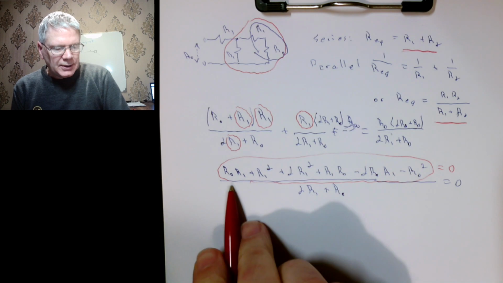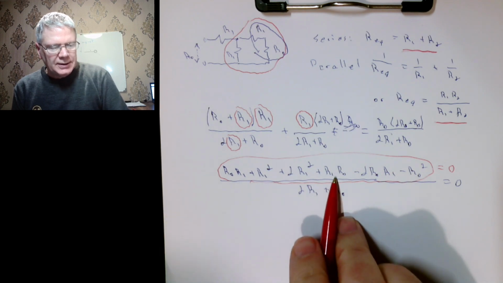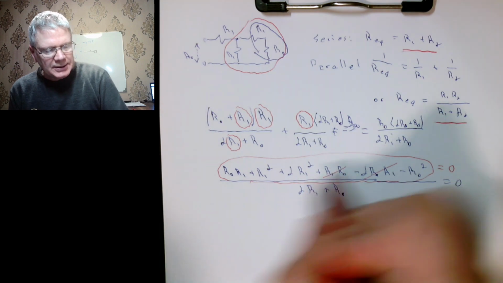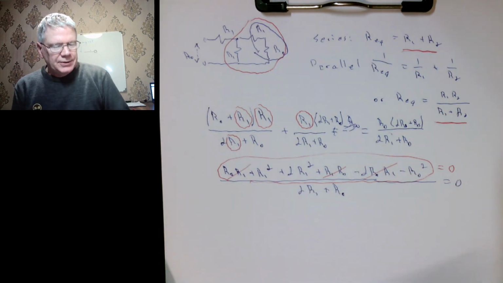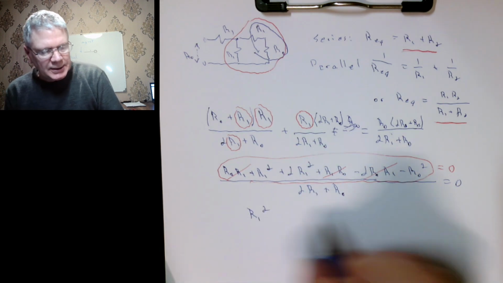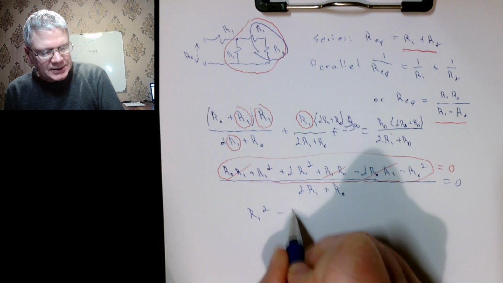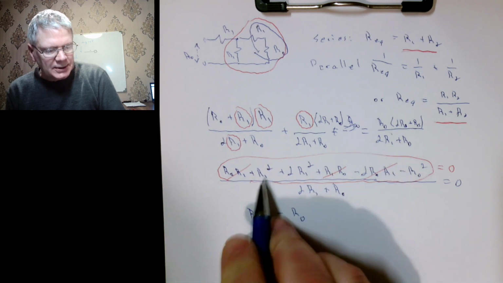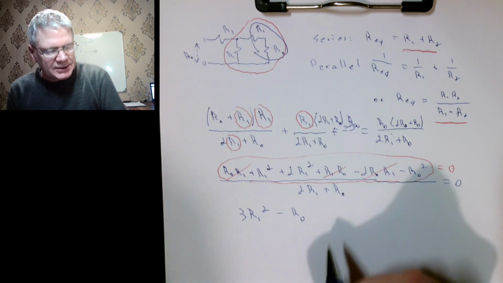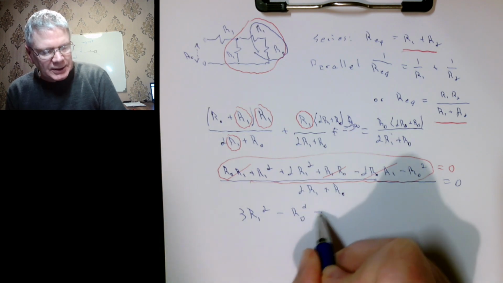And we have an R0 R1, an R0 R1, and two R0 R1 subtracted, so those actually go away. So what I get is R1 squared, this was an R1 squared and a 2R1 squared, 3R1 squared minus R0 squared equals 0.